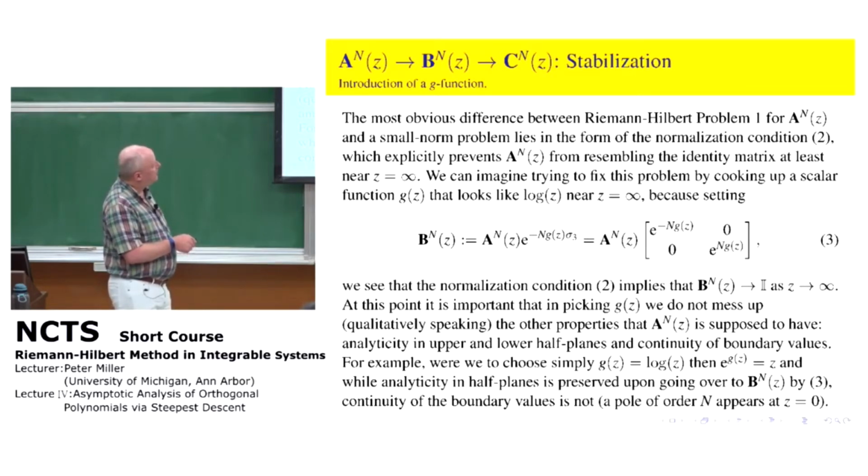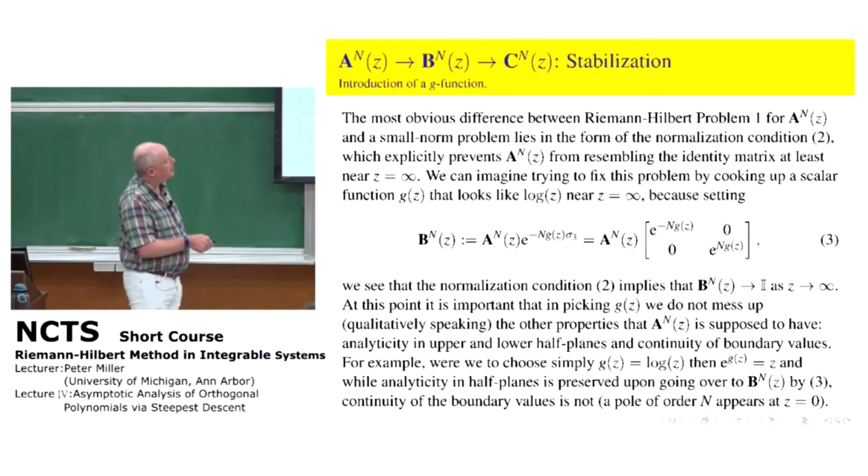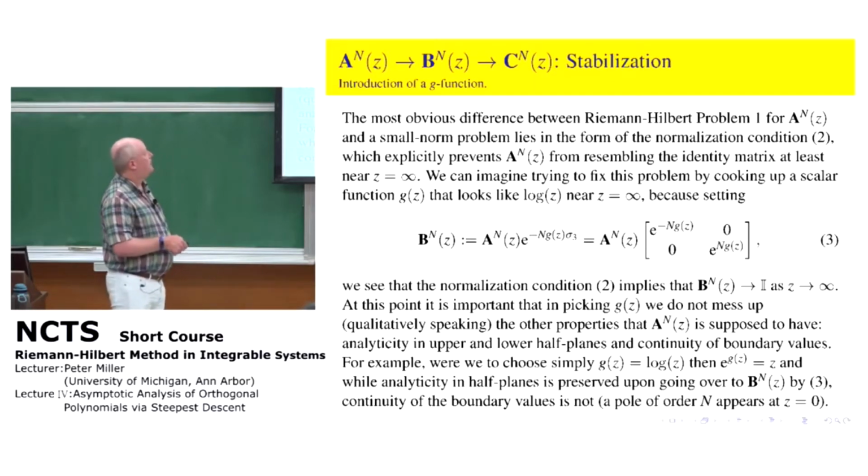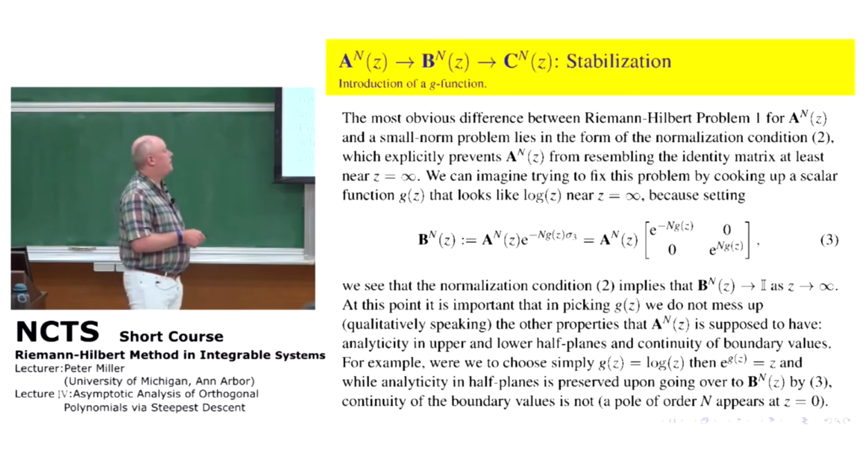So if you could find such a function, then you would pick up the right normalization condition on the B matrix. At this point, it's important that when you pick this g to behave like log z, you don't mess up other properties that this matrix A is supposed to have. For instance, you don't want to mess around with the analyticity in the upper and lower half planes or the continuity of the boundary values taken by the matrix on the real line.